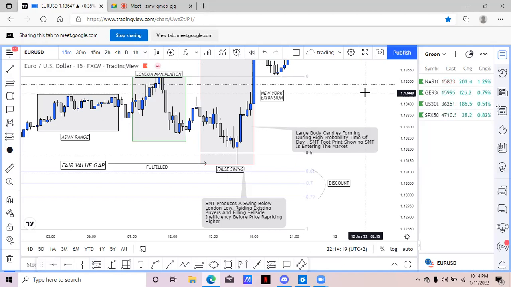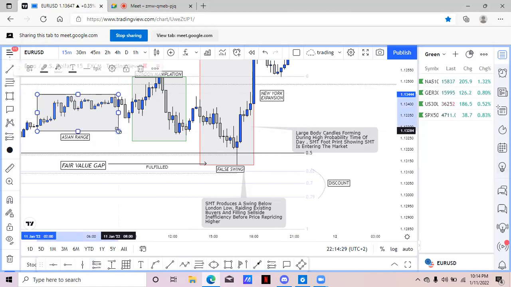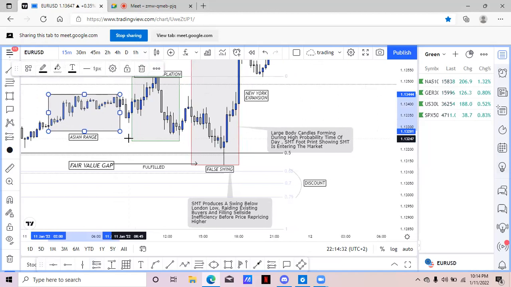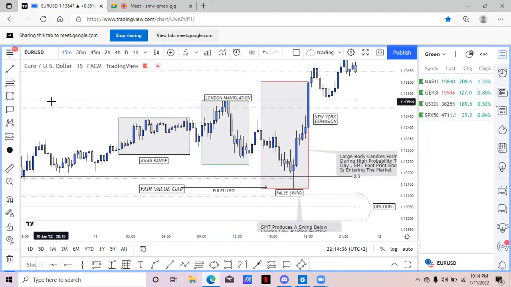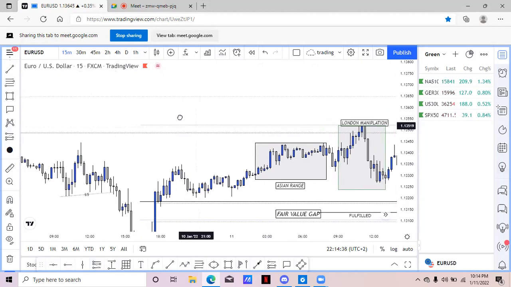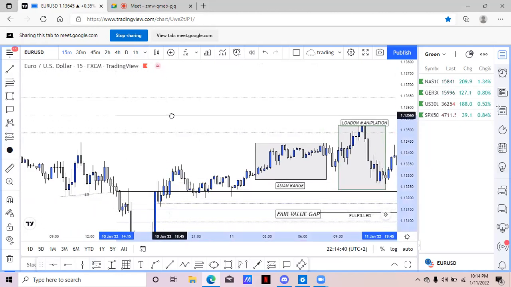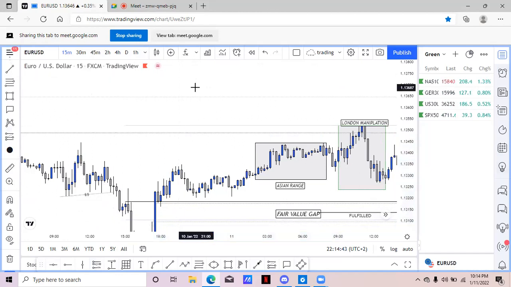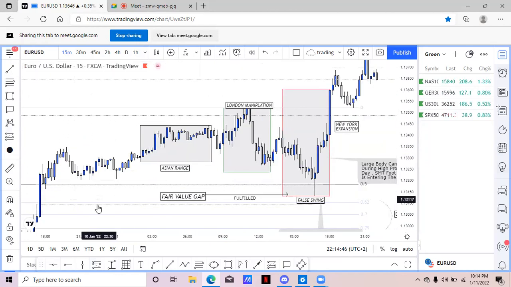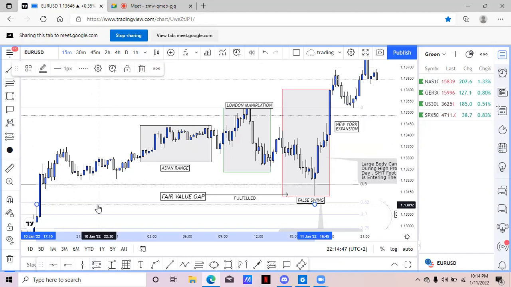I said during the session, we look for a valid POI. During the London session, we check by the minute until we no longer have a session playing in the market. We check for a valid POI using our experience and our tools, maybe volume profile, maybe Fibonacci.